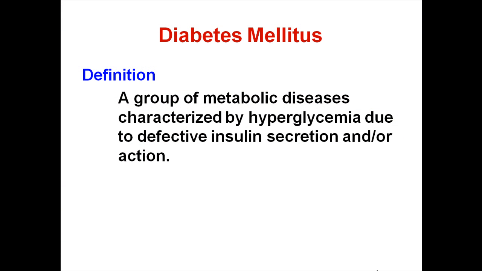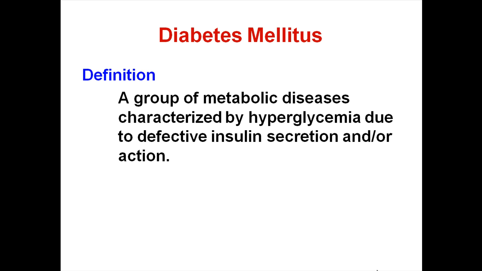So first of all, looking at the definition of diabetes mellitus, it's just a group of diseases that have high blood sugar. So hyperglycemia would be high blood sugar, but also you have incidences of glycosuria, which is sugar in the urine, and some other aspects that are affected by having the high blood sugar.